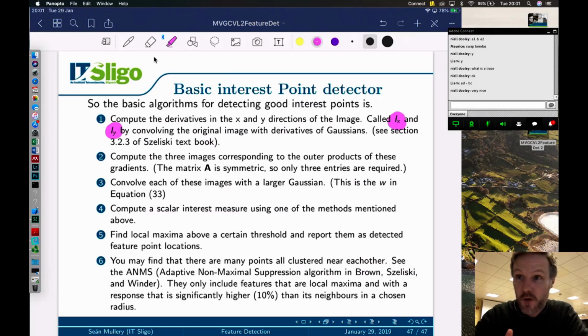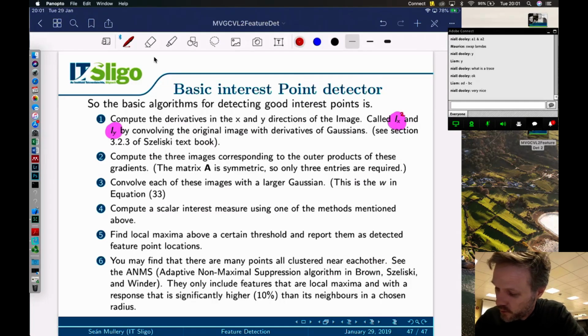So you get ix squared, iy squared, and you get ix iy. And of course ix iy turns up twice in that A matrix, so that's fine. So you just compute those three.